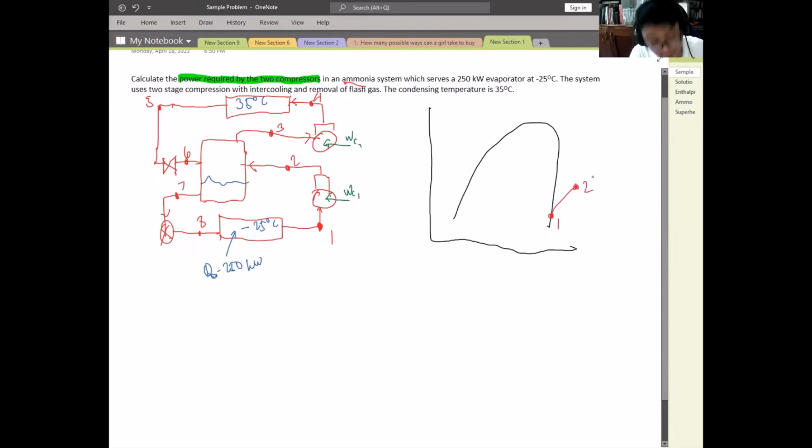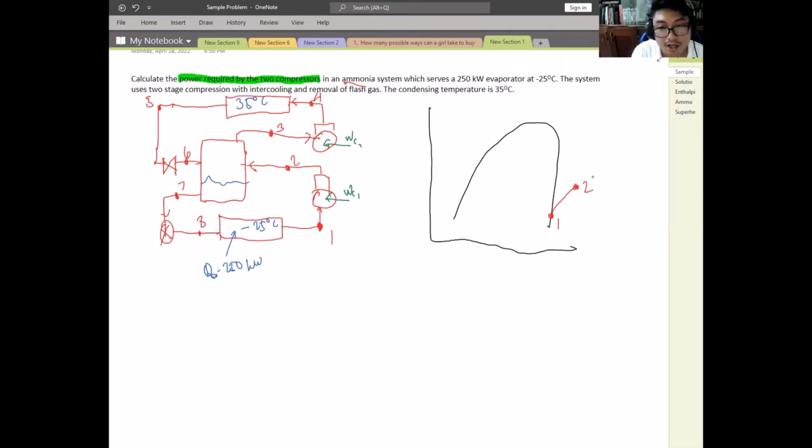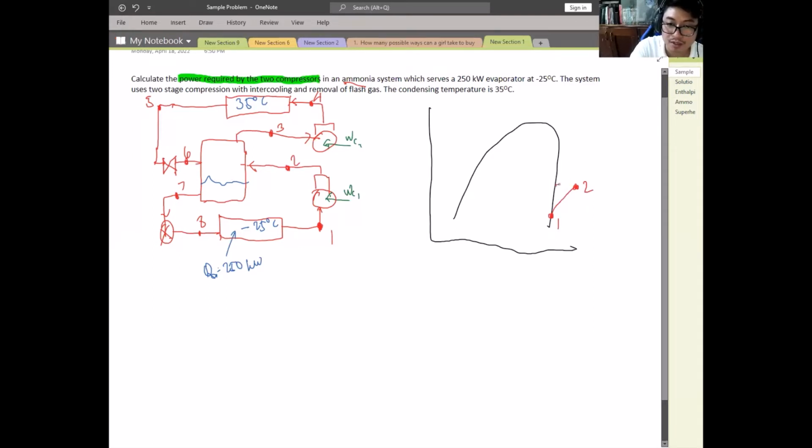Then we have intercooling by the flash tank, so it loses heat here, absorbed by the liquid in the flash tank. Its state goes only down to saturated vapor because of the flash tank. This is the work you save by intercooling, by the staging of our compressors, as mentioned in the lecture.